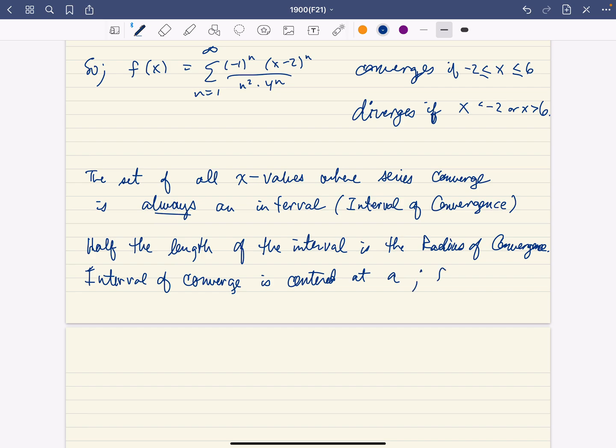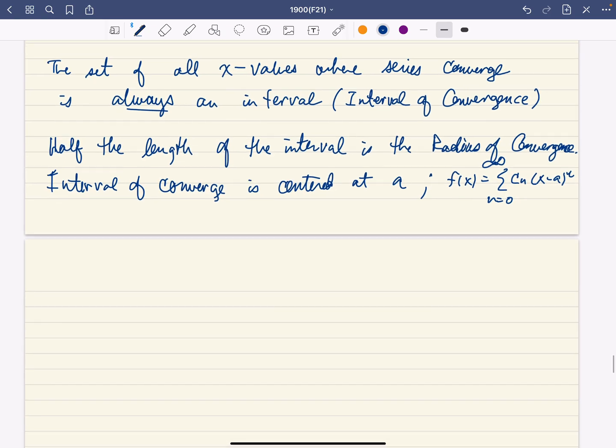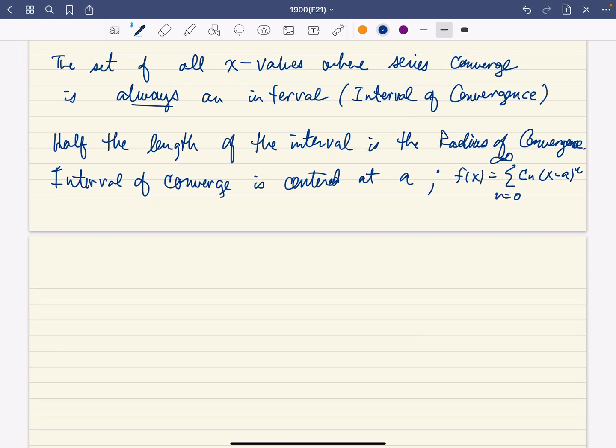What I mean by that is that if you were to talk about the power series c sub n times x minus a to the n as n goes from 0 to infinity, or from 1 to infinity, or whatever, this is going to converge for a particular set of x values. Those x values are called the interval of convergence, because it turns out that that is always going to be an interval, and the interval is going to be centered at a.